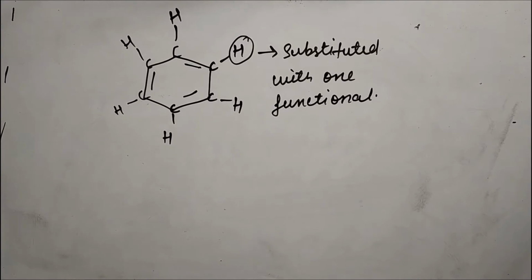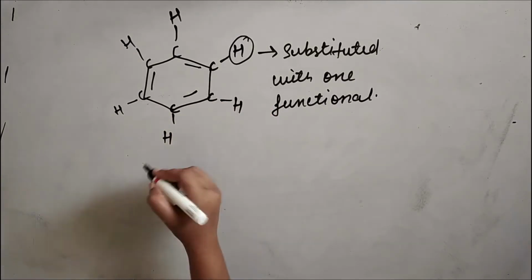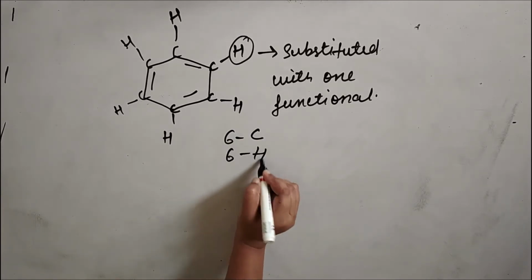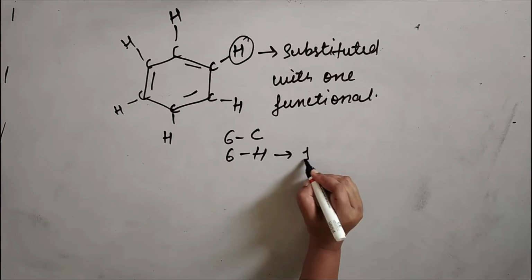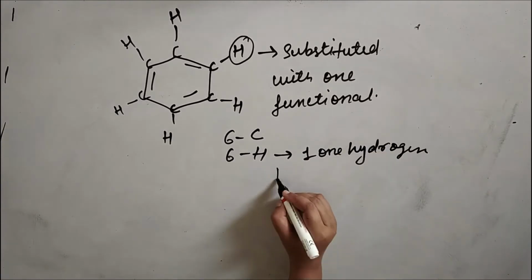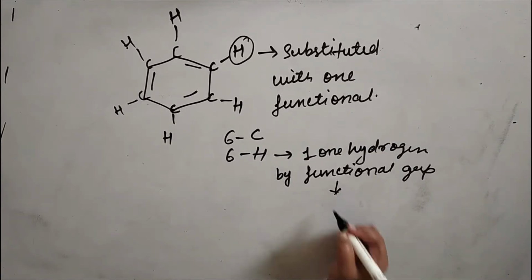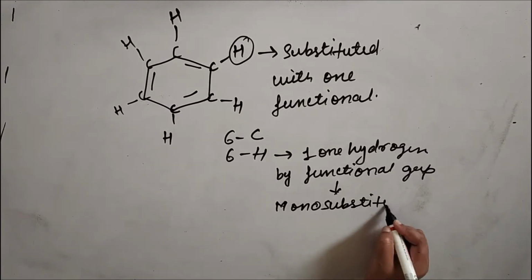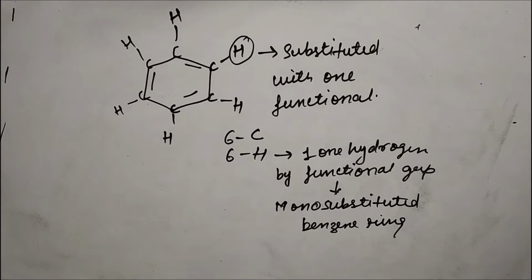We can replace any one of the hydrogens with a functional group, and benzene will become monosubstituted, meaning one substituted functional group is present on the benzene ring.